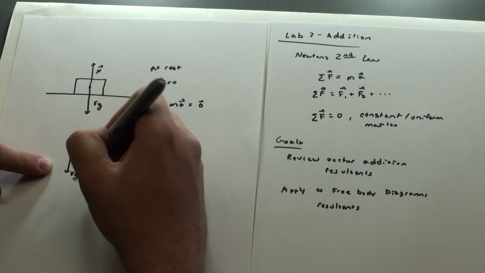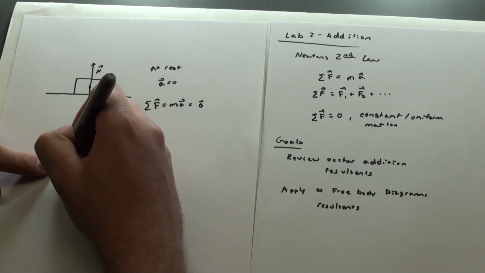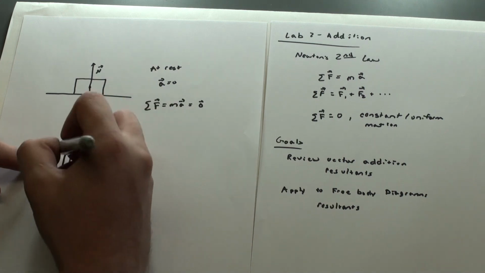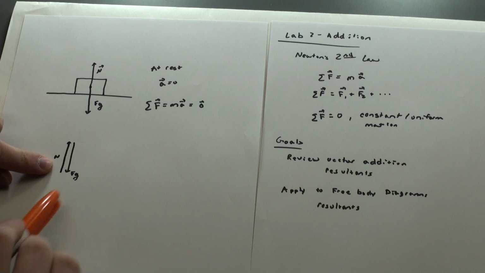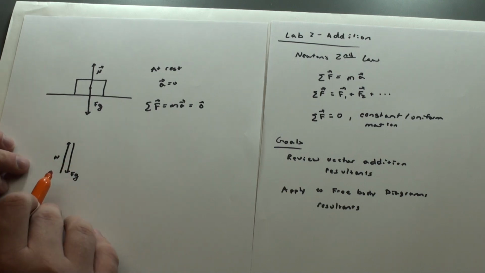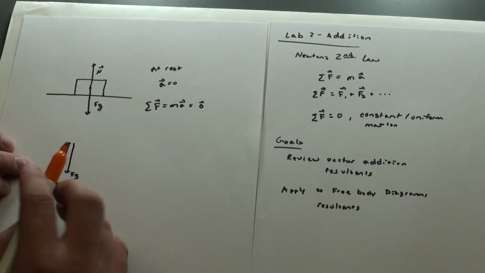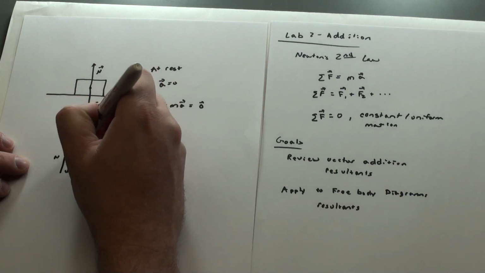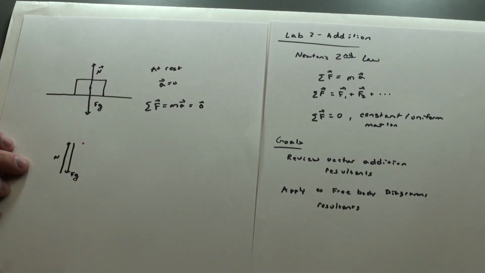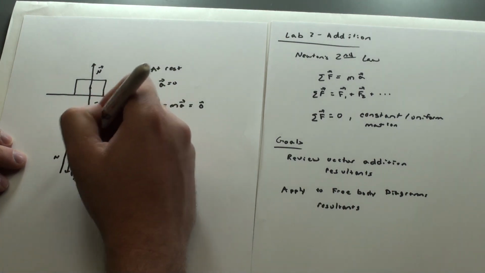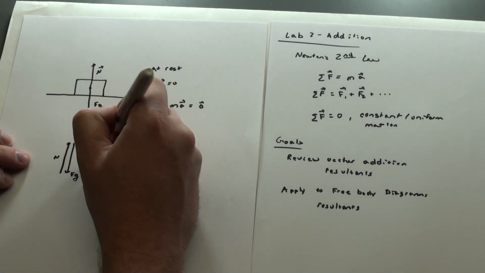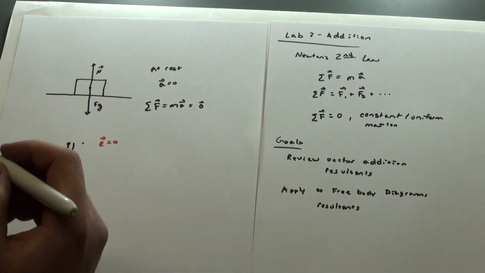I'm going to write the resultant for the normal force right next to it, and we're just going to go from where we started to where we finished. The resultant for the two forces is just this single point. There is no real resultant. R is equal to 0, and that's what we would expect.